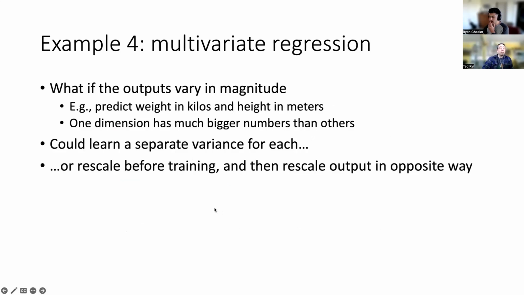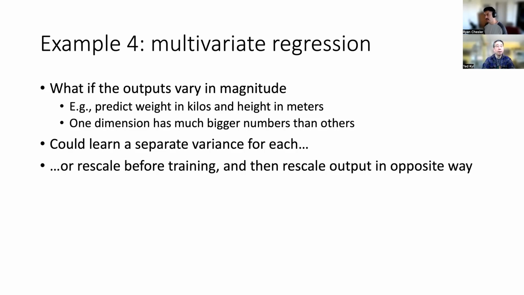One of the problems from the problem set was asking, if you're doing multiple regression and you're doing something like weight in kilos and height in meters, what's one of the problems with that? One of the problems is that your units are on different scales, and so that will also be factored into your loss.